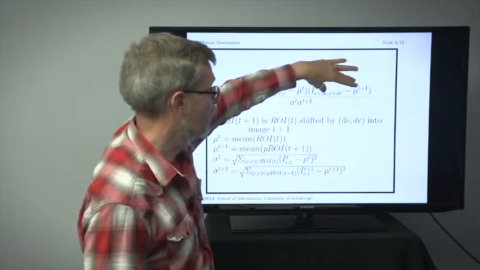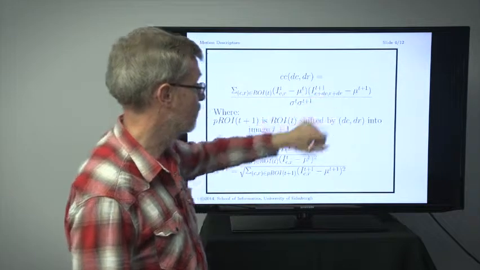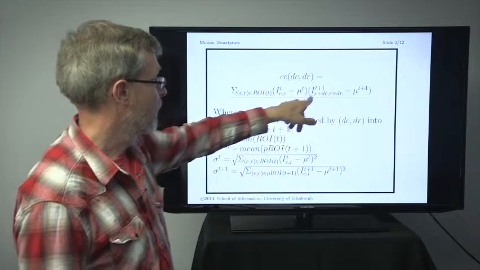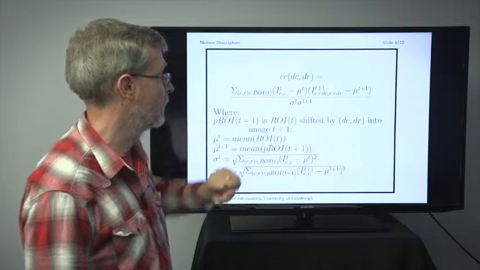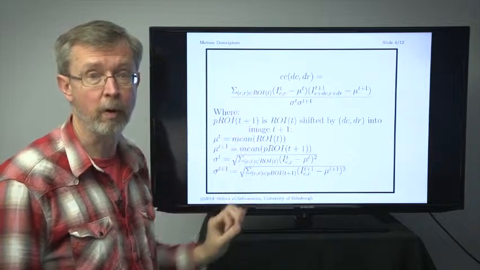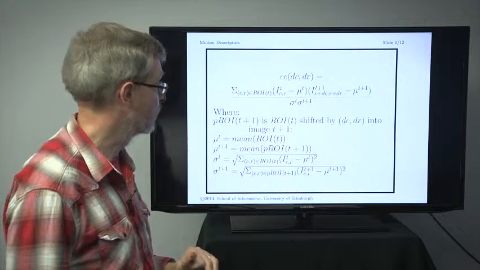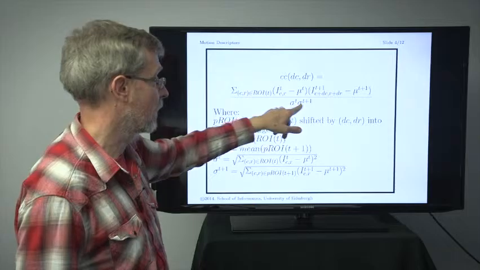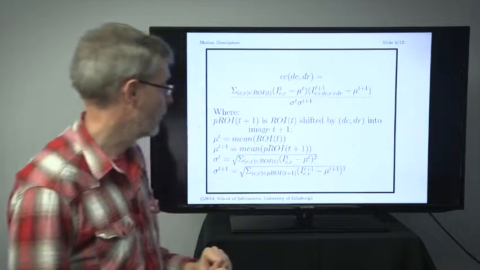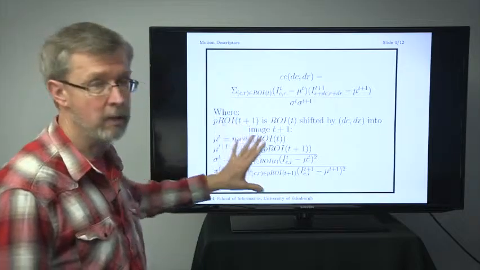The first image here is the bounding box, and the second is the bounding box in the image at time t+1, again with the mean subtracted, and these are the corresponding pixels but adjusted by that shift dc, dr that we're exploring. We're trying to find the dc and dr that maximizes that correlation. We also have to do a bit of normalization by the standard deviations, and that's what these two factors are right here. I've given all of the formulas for the details right down here.